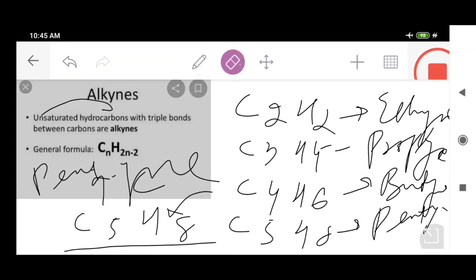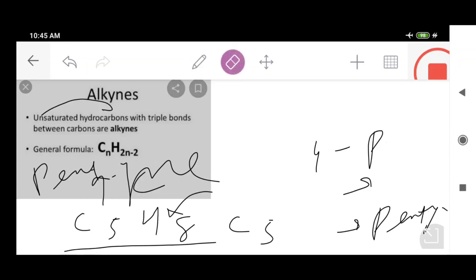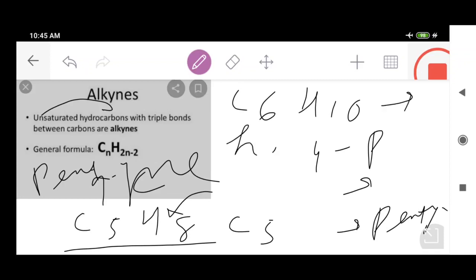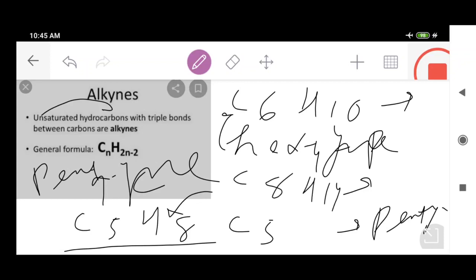Other members will be like this: C6H10, called hexyne. Hex is used for 6 carbon atoms. Another will be hepta, octa, like C8H14.